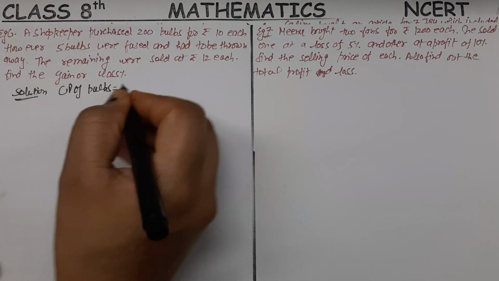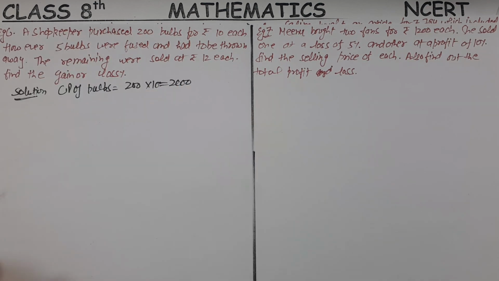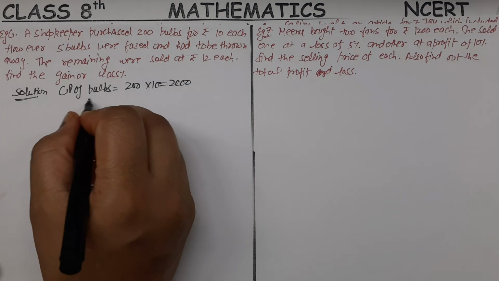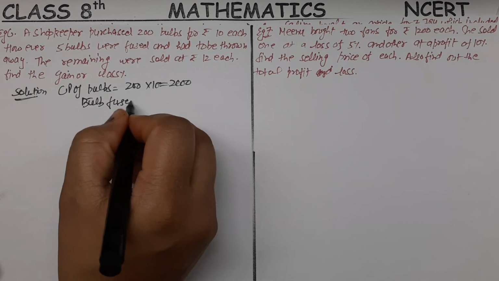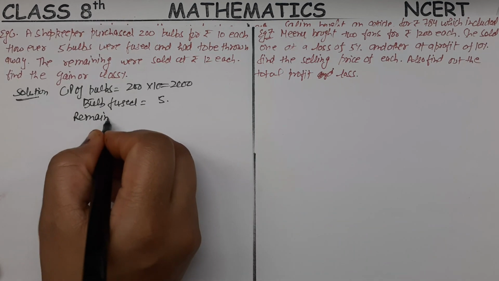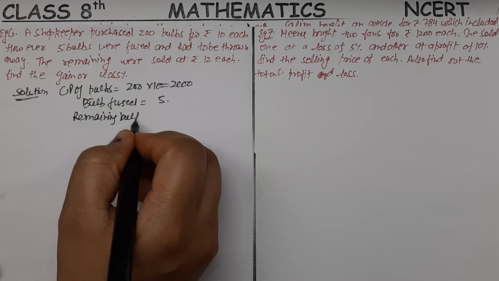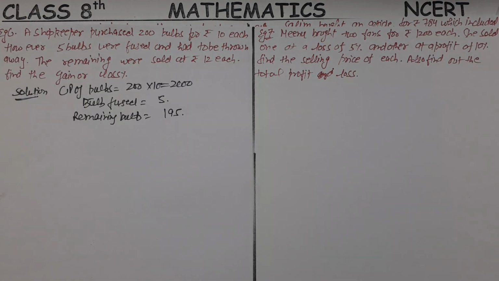Cost price of bulbs is 2000 rupees. Bulbs fused, 5. Remaining bulbs 200 minus 5, 195.